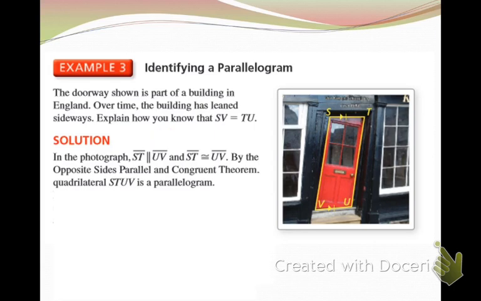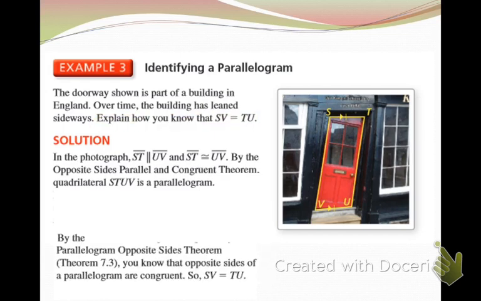So did I answer the question? Did I explain how I know that SV is equal to TU? I did not. So the last part is by the parallelogram opposite sides theorem. So because this is a parallelogram, that means the opposite sides have to be congruent. So SV has to be equal to TU. The length of SV has to be equal to the length of TU.